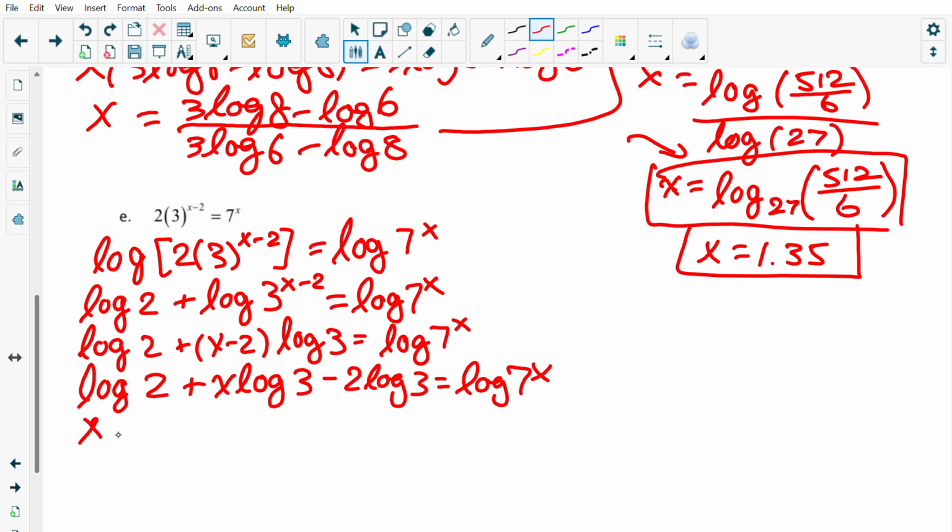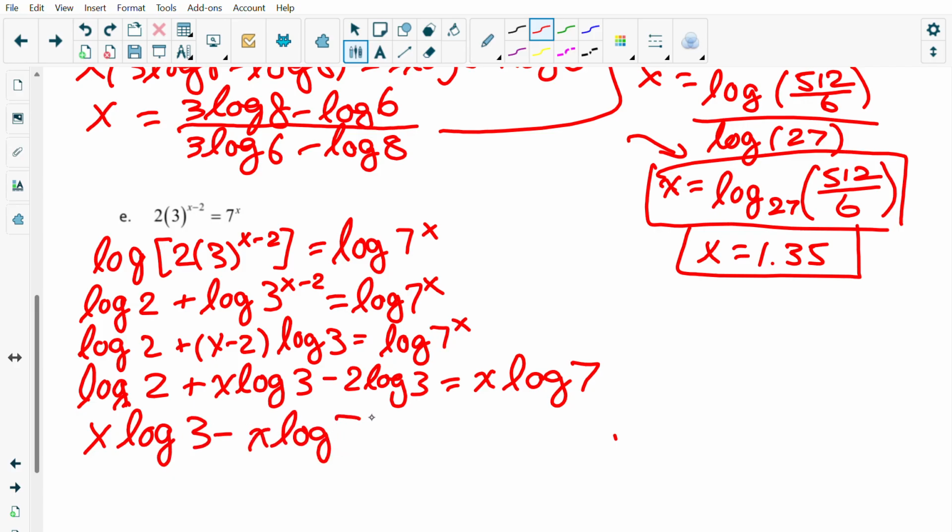Tons going on here. I'm going to collect the x's on one side. One thing I forgot to do here: let me rewrite this so I can save a step. So equals, let's use the power law here, x log of 7. Okay.